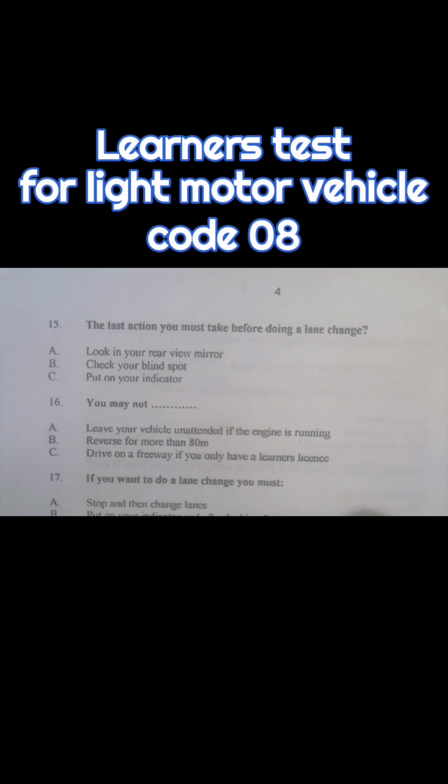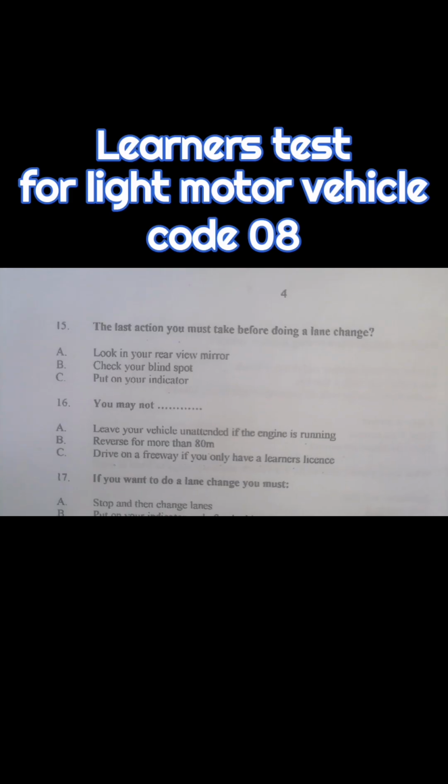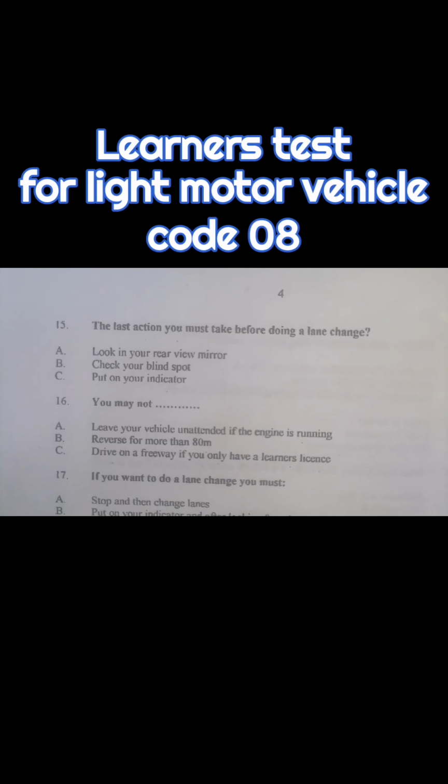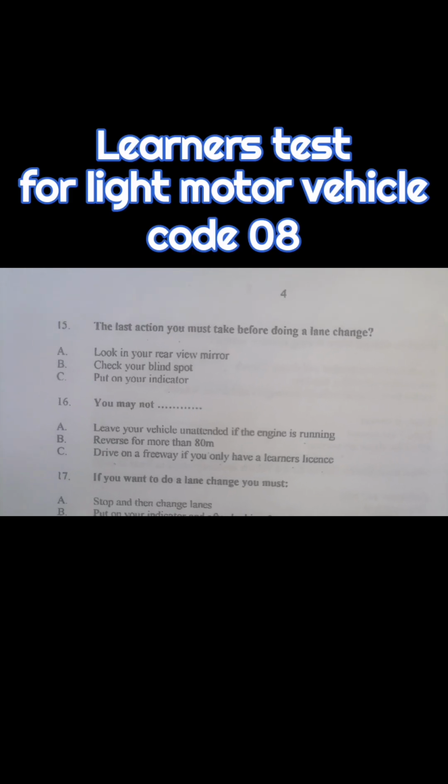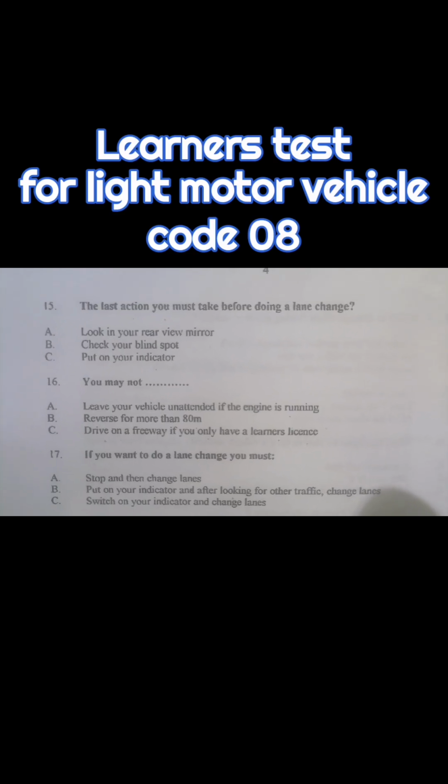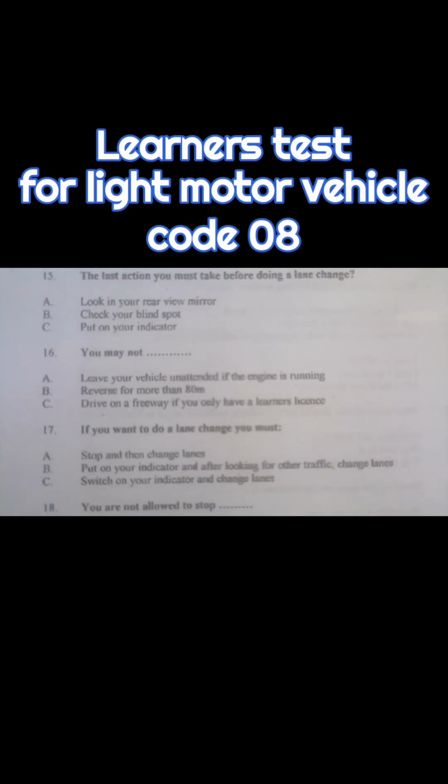First thing that we'll do is look in the rearview mirror, see what's happening behind us. Secondly, we are going to switch on the indicator, and then lastly we're going to check the blind spot. So the last action you must do is check your blind spot to the side that you're going to, to make absolutely sure that it's clear before doing that lane change.